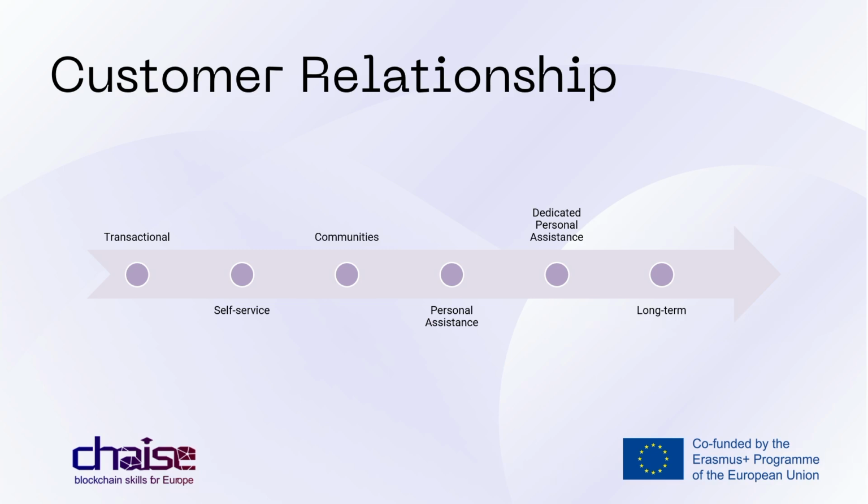A bit more advanced than that is a dedicated personal assistance, which means that you have a person that is dedicated to take care of you as a customer. And finally, you have solutions such as key account managers that are really long-term.